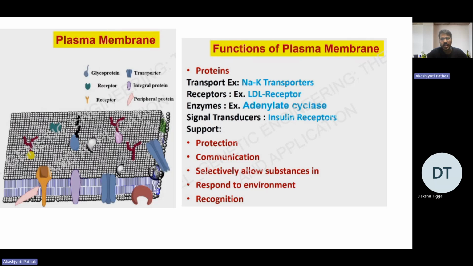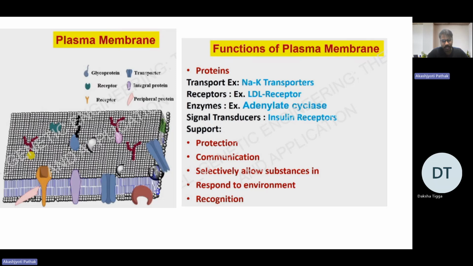Then you have enzymes like adenylate cyclase that convert ATP to cyclic AMP. Then there are signal transducers like insulin receptors. Signal transducers means they convert the signal. Mainly these signal transducers are involved in cell communication.